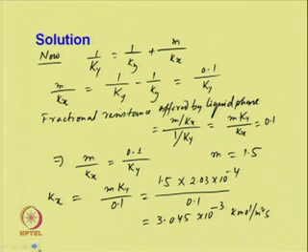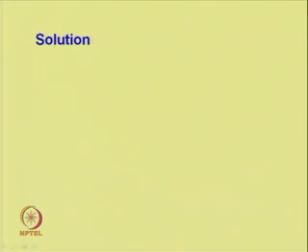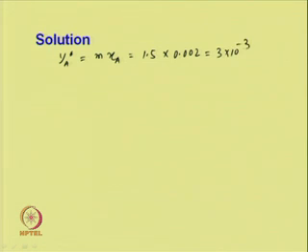Now, we will calculate the flux. To calculate the flux, we know the equilibrium composition y a star is equal to m into x a. m is given 1.5 and the concentration at the particular location is given 0.002, which is equal to 3 into 10 to the power minus 3, and y a b is given 0.05 mole fraction.